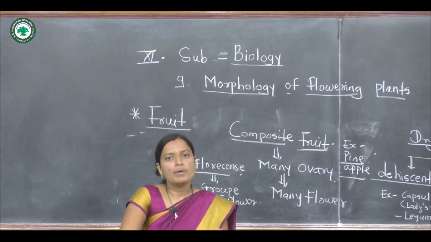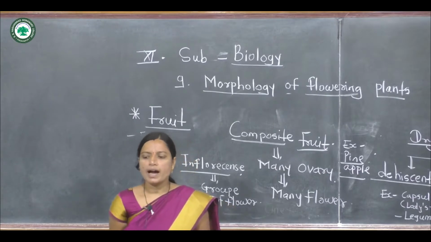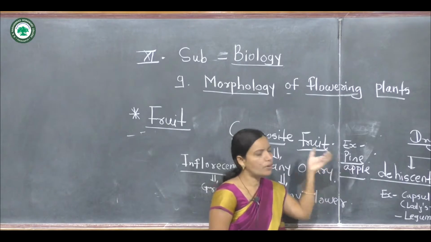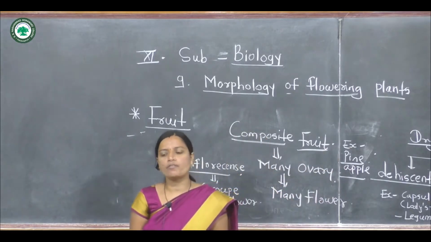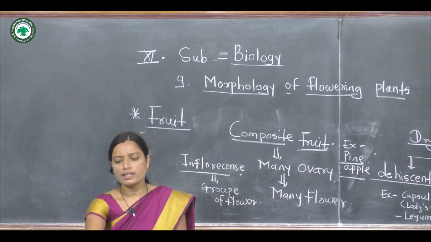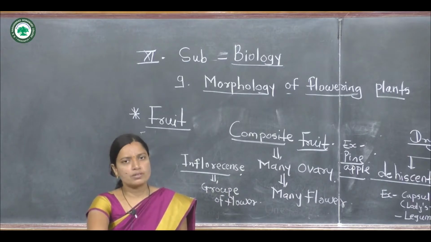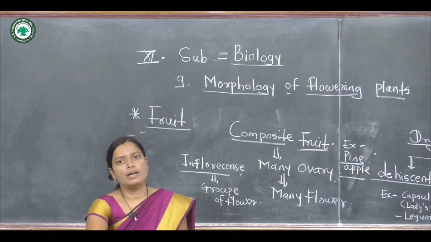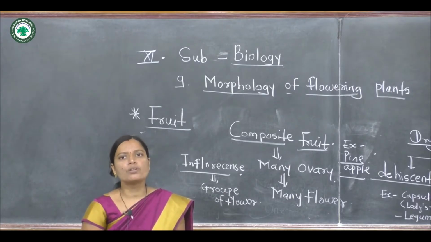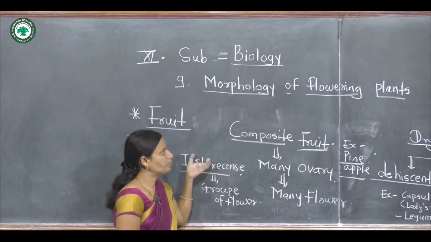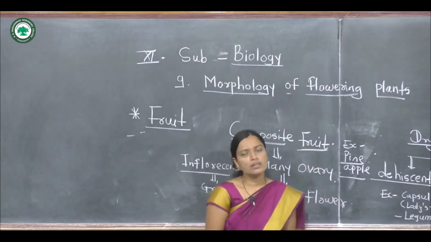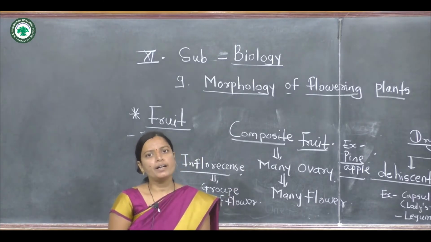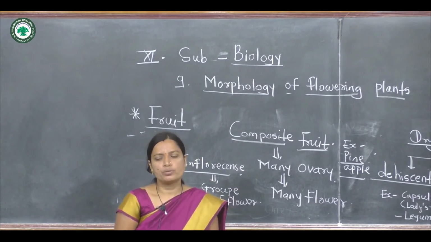Many flowers are produced, and this fig and this pineapple are composite types of fruits developed from the inflorescence. The pineapple shows this type of inflorescence, and this type of fruit is called a composite fruit. Now these are some types of fruits, the aggregate and composite types of fruits.